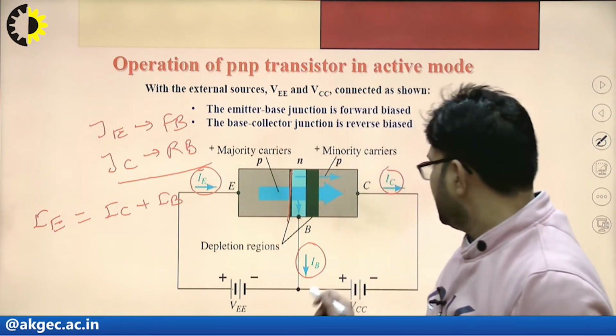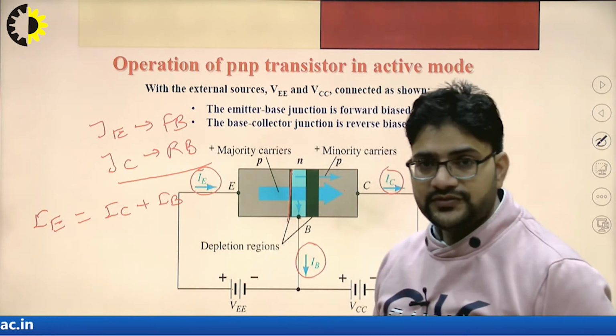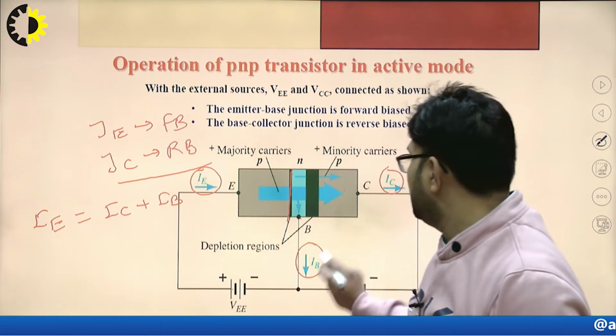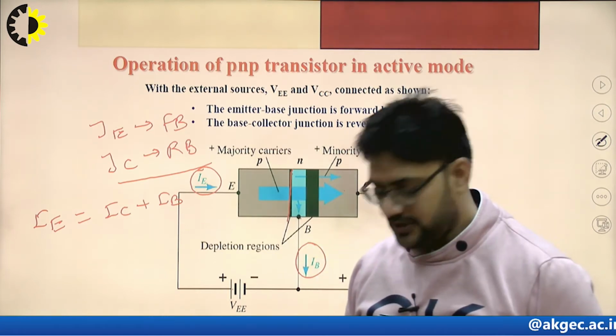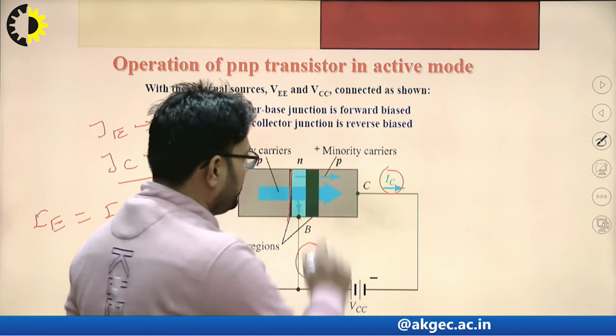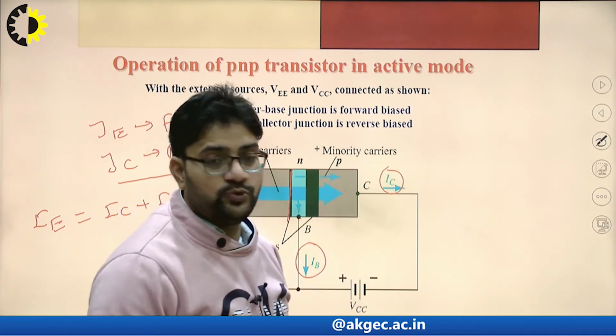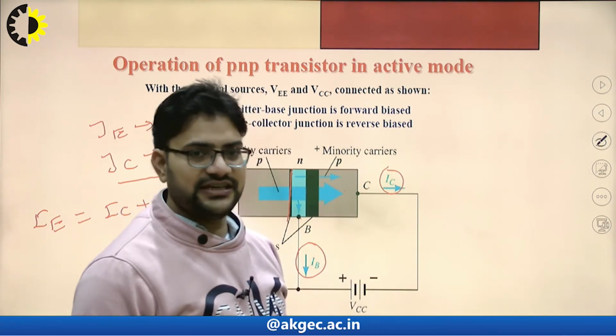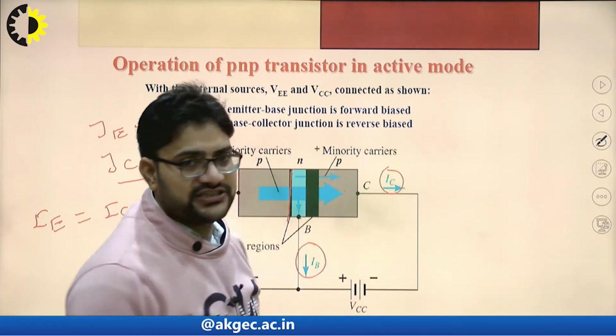Now in this case also, IE is equal to IC plus IB. If you see, this IC is also a combination of two currents, minority charge carrier current and majority charge carrier current.